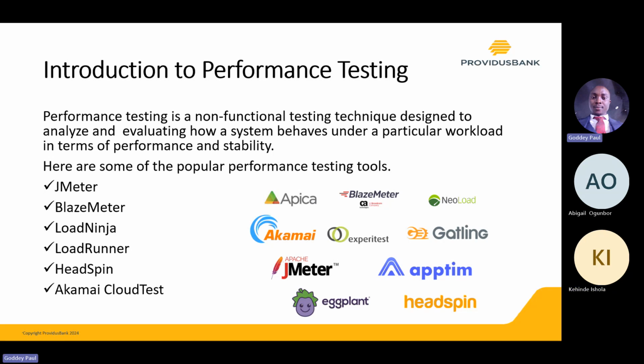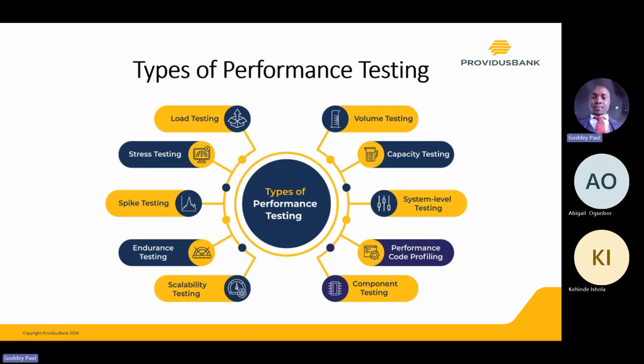All right. So those are the tools for performance testing out there, in case you want to try out, but the go-to tool is JMeter, which is what we're going to be using for this short knowledge sharing session. There are so many types of performance testing. You have load testing, stress testing, spike, endurance, scalability, volume testing, capacity, system level performance, coding, profiling, component testing.